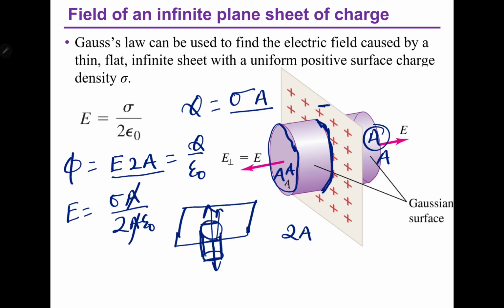A and A will be cancelled, and E equals sigma divided by 2 epsilon naught. So this is the formula for an infinite plane sheet of charge.